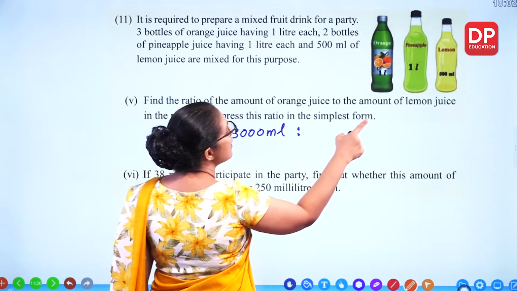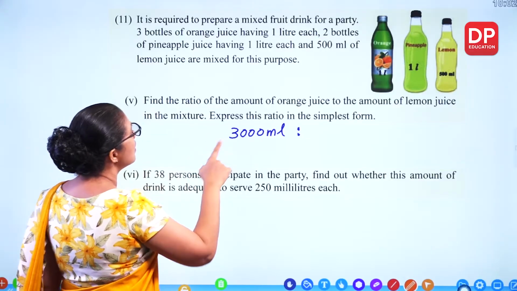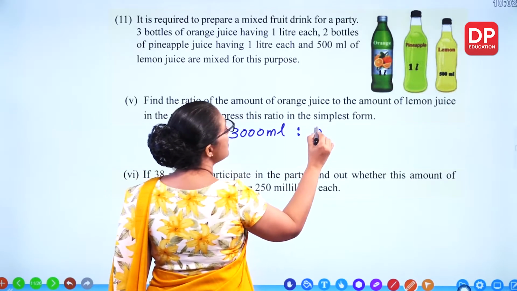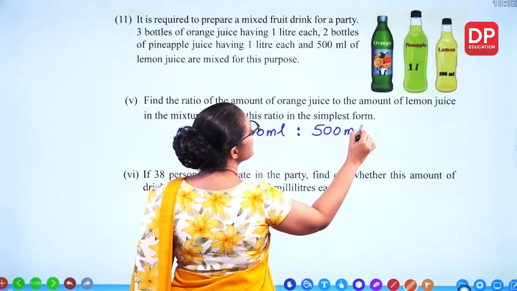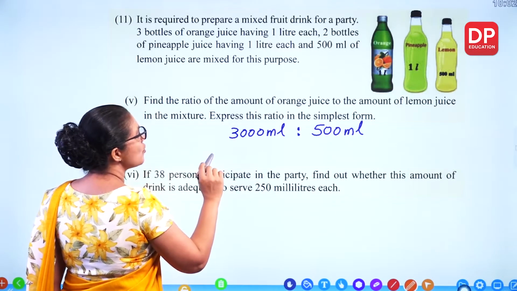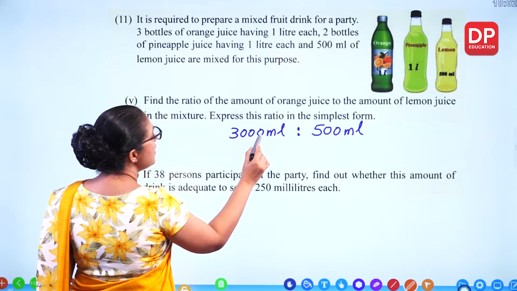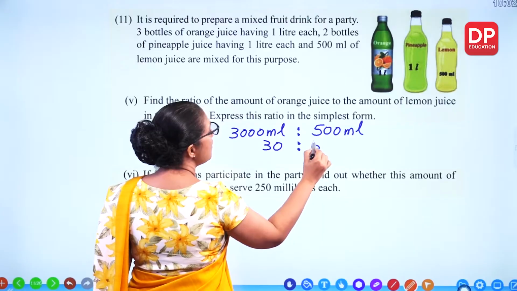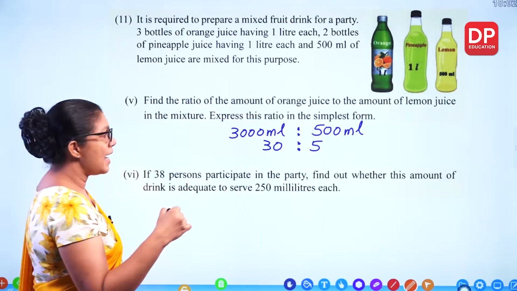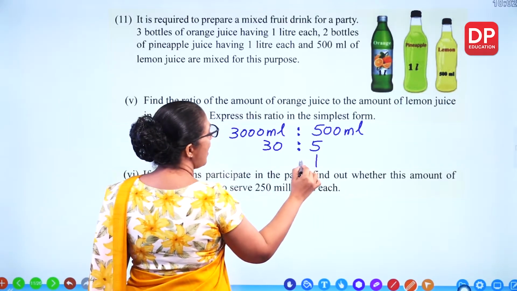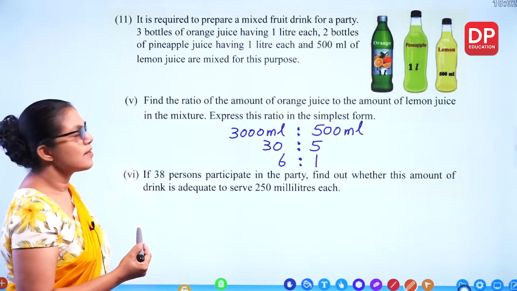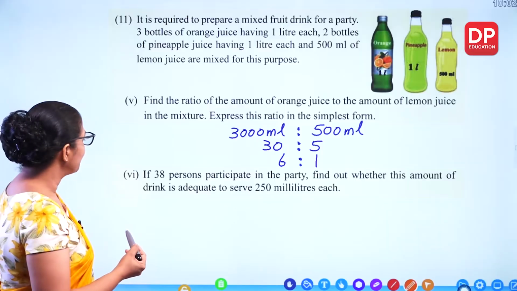And amount of lemon juice 500 milliliters. Both are in milliliters, so you can divide by 100, 30 and 5. You can divide by 5 again. 1 and 6. 5 times 6. So you get 6:1 ratio.